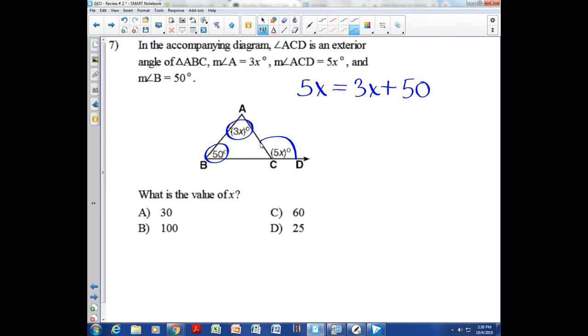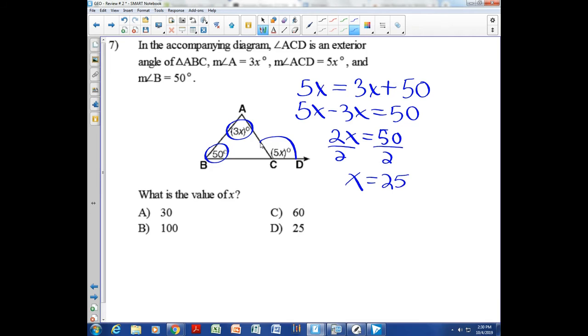So that leads to a fairly simple equation. 5x, bring over the 3x, is equal to 50. 2x is equal to 50, divide by 2, and x is equal to 25. The question is find x. It's a multiple choice question.